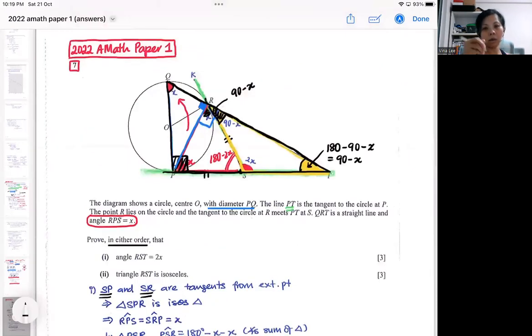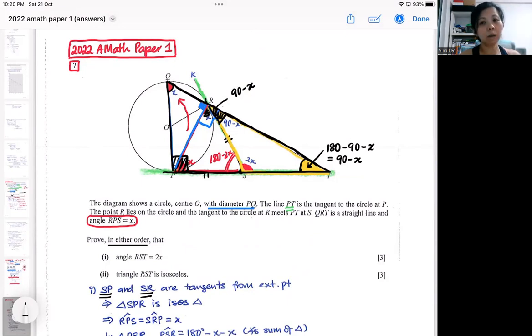There's quite a bit of playing around, but I wouldn't say it's very difficult because the properties are quite clean. You should be able to see angle in a semicircle, radius perpendicular to tangent, isosceles triangle, and then the tangent chord theorem. There's actually a lot of information that you can see, but you need to start off by reading first. When you read the info, then you process it, then logically you will generate more things.